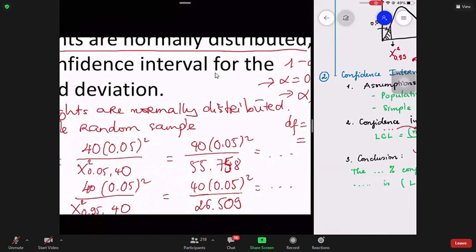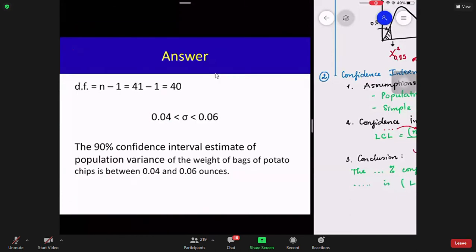Okay, so we have 0.0018 and we have 0.0037 or 38. Okay, right. So if we calculate this, it asks you to find the confidence interval estimate for your standard deviation instead of the variance.